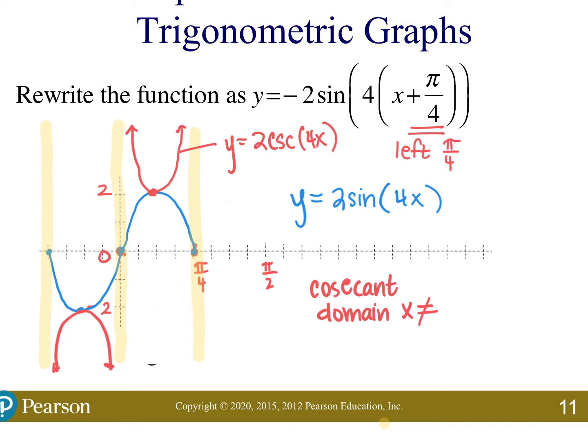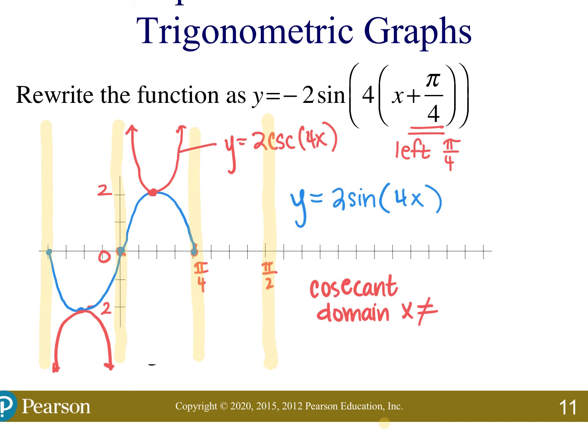So how far apart are the asymptotes spread from each other? Pi over 4. Every pi over 4, there would be a new asymptote. If I were to keep the pattern going, there would be another one over here, pi halves, because the space between is pi over 4, and another one over here. They would all consistently be pi over 4.